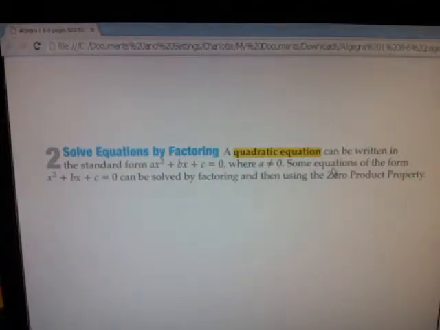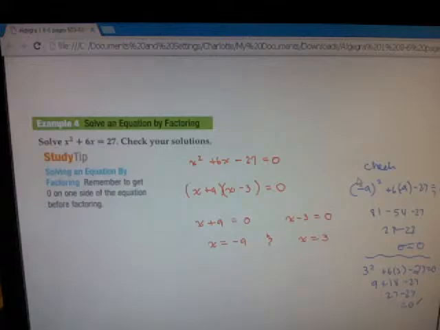In a few lessons we're going to be studying a new formula to solve these quadratic equations. But for today we're going to be using the zero product property. Okay, let's take a look at that. Here you see we have an example, and it says x squared plus 6x equals 27.